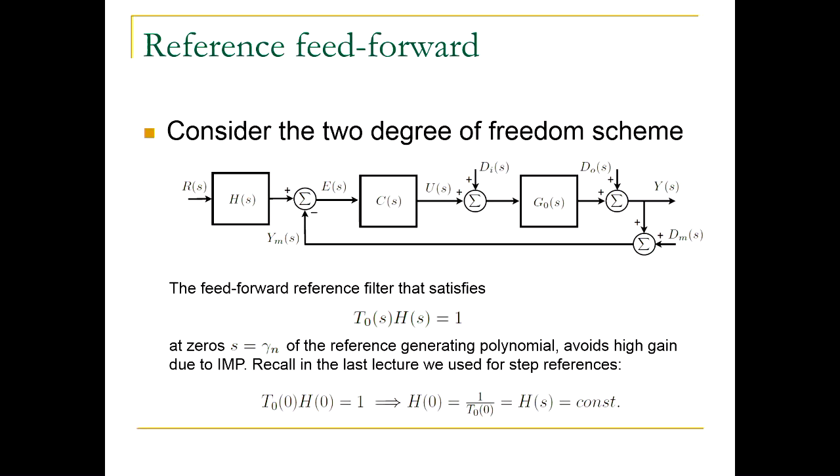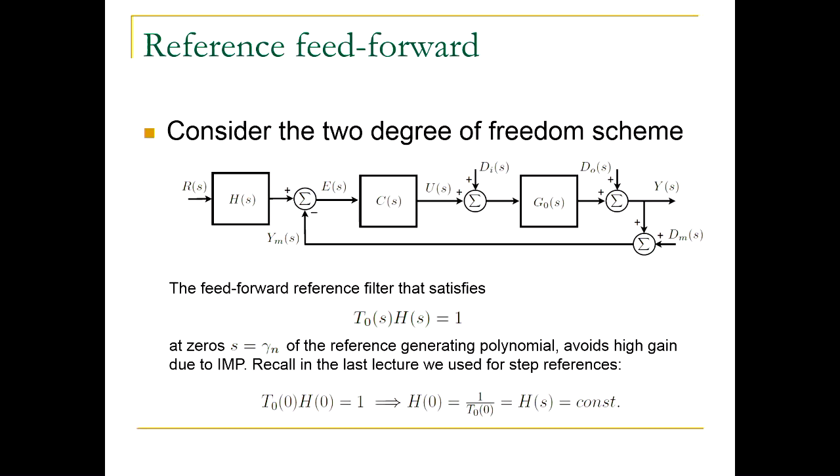You remember that when we were talking about the feed forward method for getting zero steady state errors, we were including a particular filter. And the filter in this case was the complementary sensitivity function T0 evaluated at 0, right? So you can generalize that.